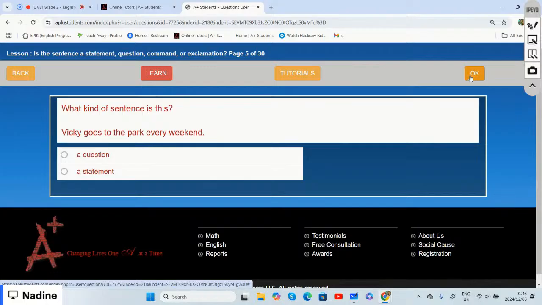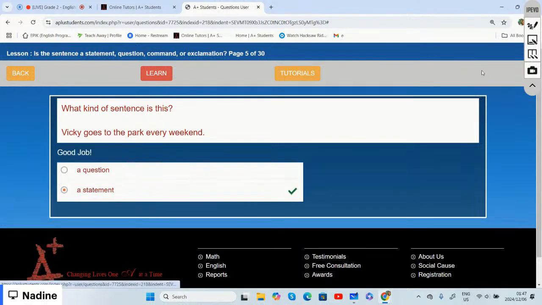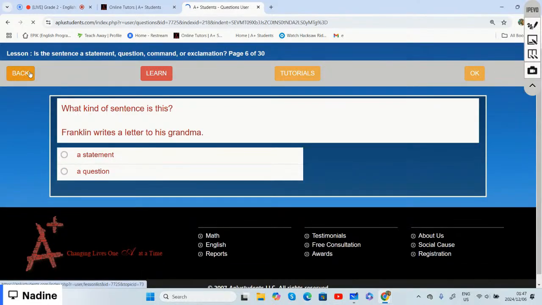And if we were to say what kind of sentence this is, Vicky goes to the park every weekend, then we can say, yes, it is option two, a statement. So well done, everybody.